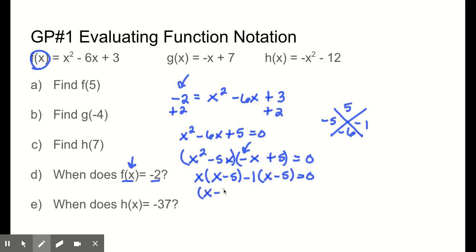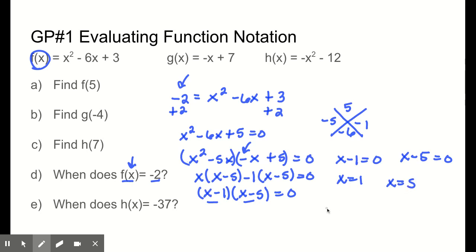So here we have x minus 1 times x minus 5 is equal to 0. Set each factor equal to 0, each of our binomial factors. So x is equal to 1 and x is equal to 5.